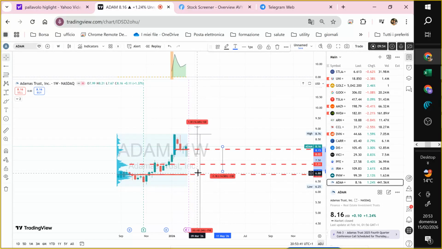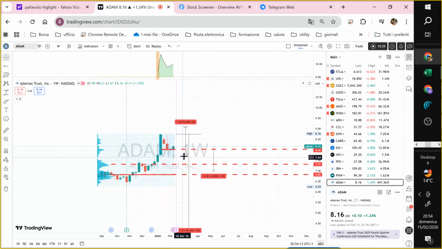But I think we can establish the important level where institutions defend the title, and this is indicated by the volume profile. We know that 8.4 is very good for the short term, but we know that the important investor is at 6.18. It's important because here we have the most important buy pressure.